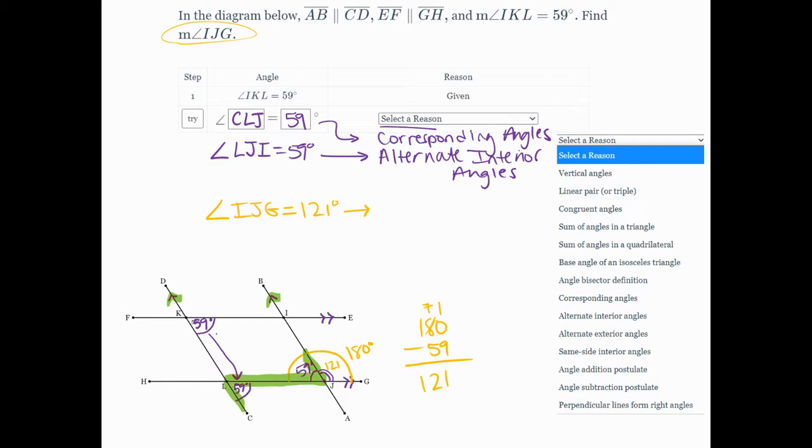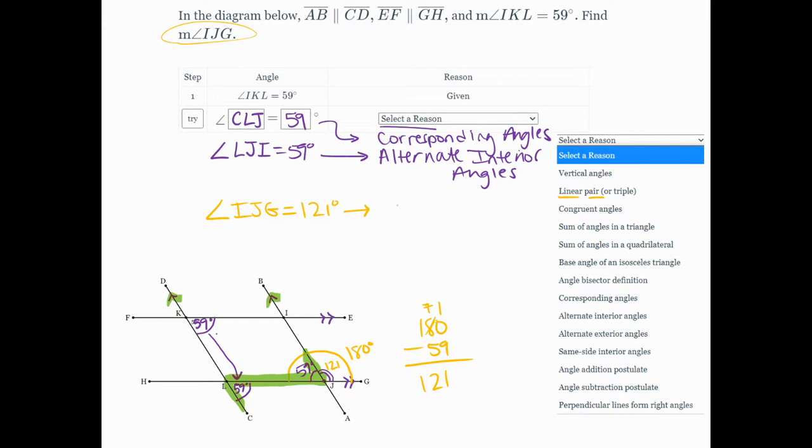And my reason, how did we figure that out? We used a straight angle. If I look at my options, I don't see straight angle. But I do see something else that is essentially the same. Vertical angles, no. Linear pair. Linear pair means they are right next to each other and they form a line. That's your straight angle.